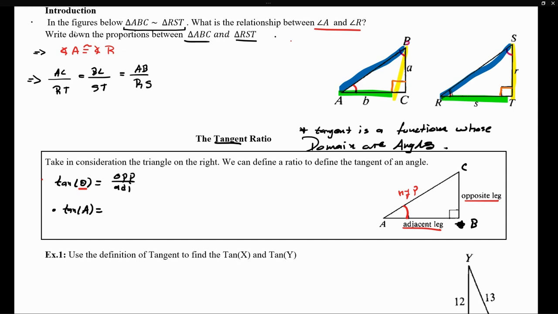In this case, my opposite is the line segment CB. And what is my adjacent? My adjacent is AB. So this is just a ratio. Tangent is a function that you plug an angle into and it gives you an output of a ratio, which is the opposite side divided by the adjacent side.